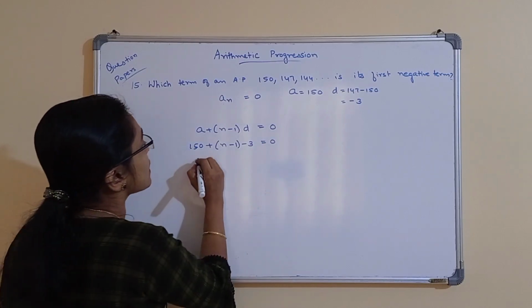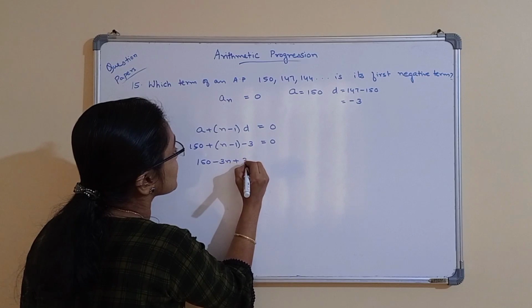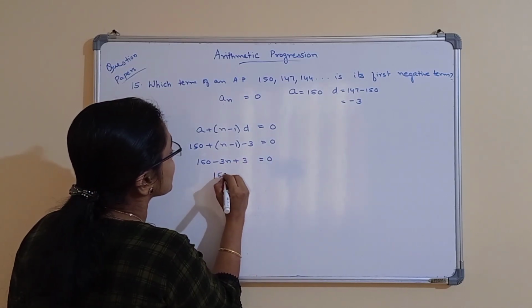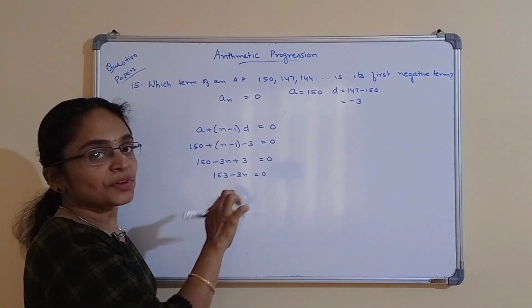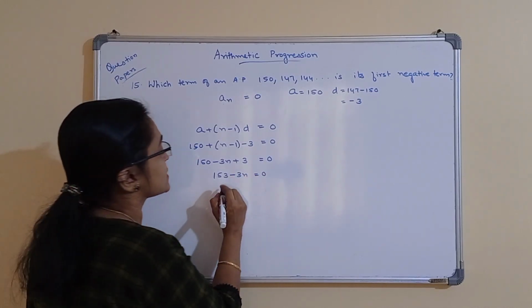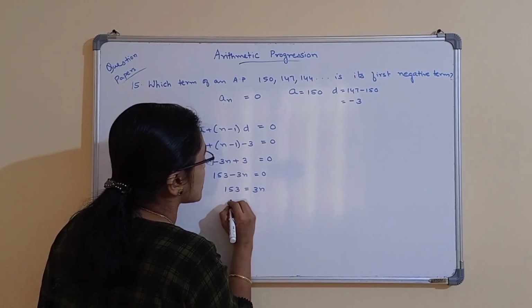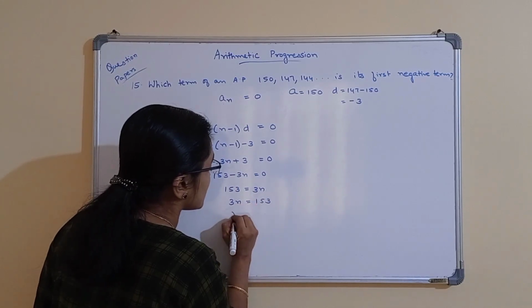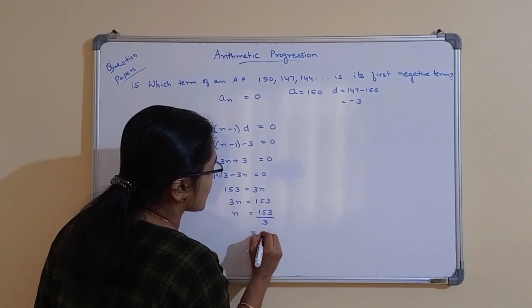That is 150 minus 3n plus 3 equal to 0. That is 153 minus 3n equal to 0. And we can take this 3n to the right hand side, which means 153 equal to 3n. So, n equal to 153 by 3, which is equal to 51.